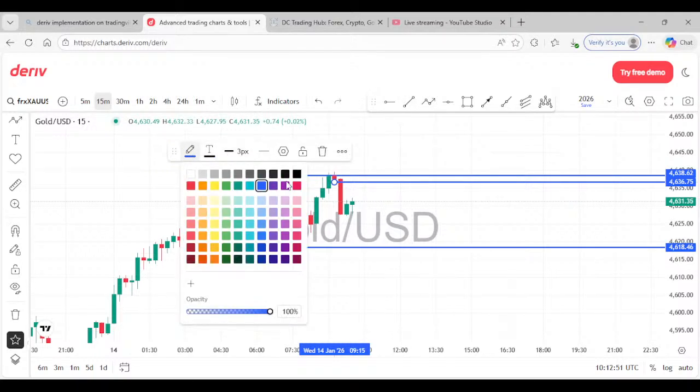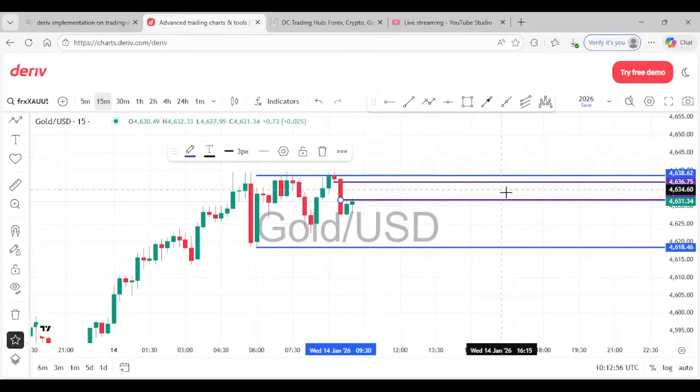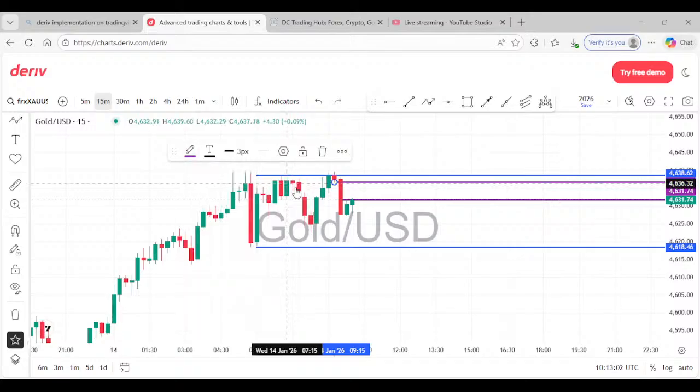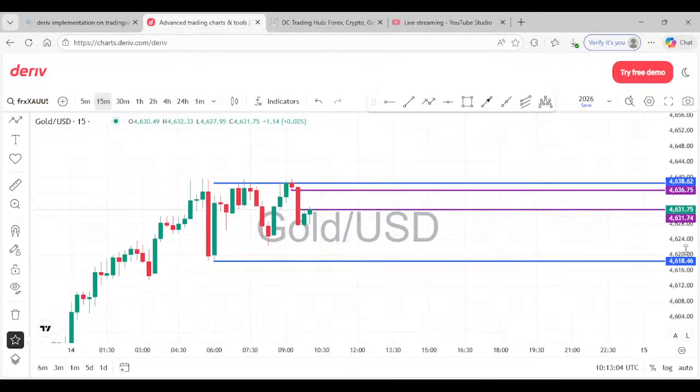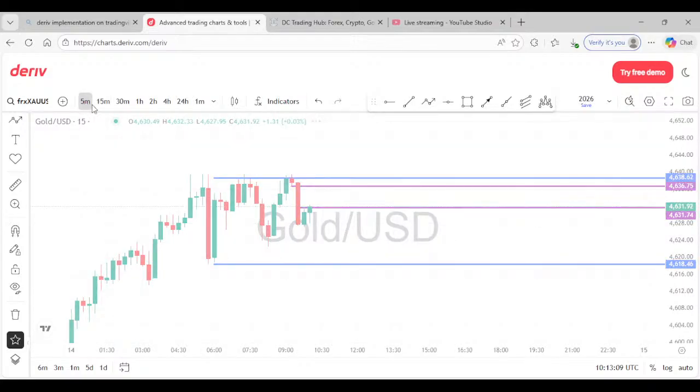Let me change the colors. So we have this fair value gap. We want to see how price is going to react with that fair value gap.